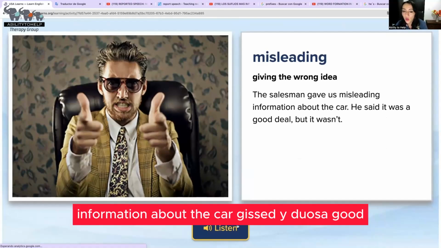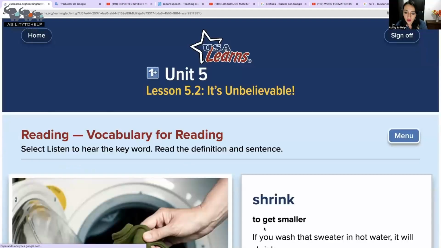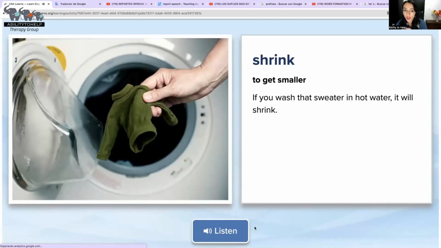He said it was a good deal, but it wasn't. Shrink. To get smaller. If you wash that sweater in hot water, it will shrink.